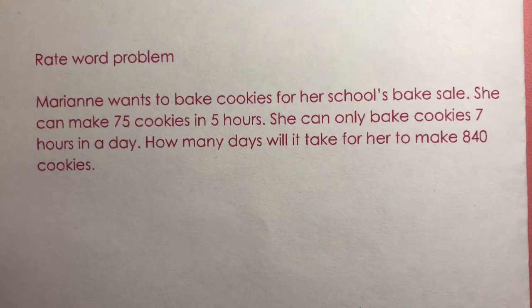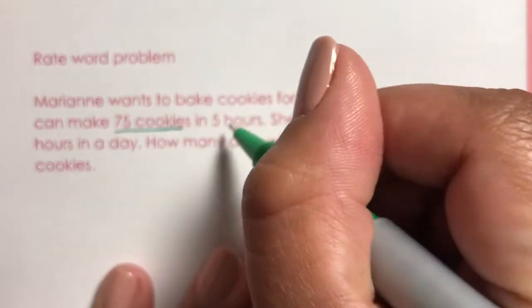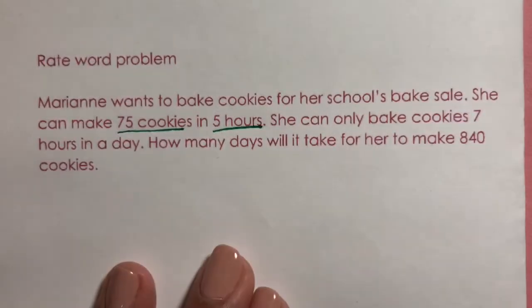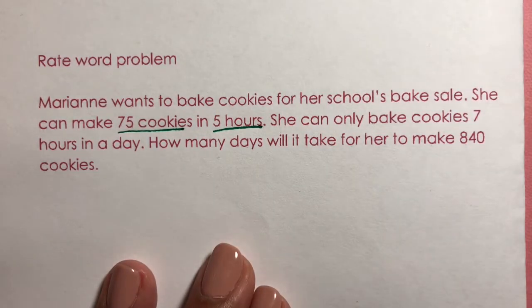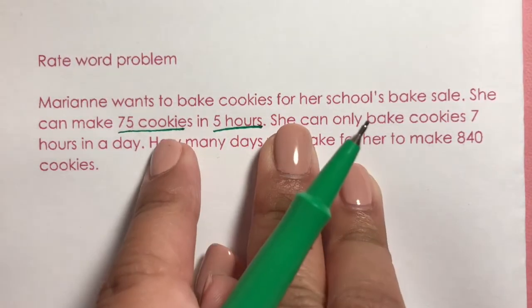Okay, so already looking at it, we have a lot of information thrown at us. We have to figure out what we need to do with this information. Is all of this information important? Is only some of it important? Well, let's see. We know that she can make 75 cookies in 5 hours, which is basically a rate, because for every 5 hours, she can make 75 cookies.